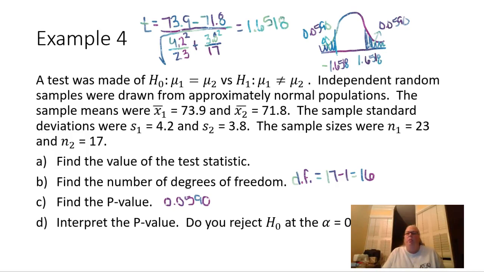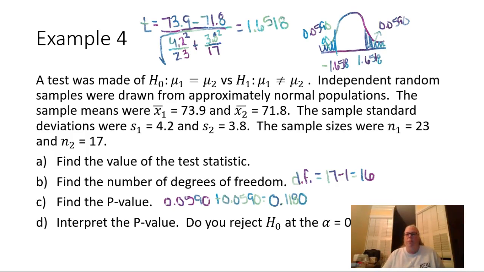And our p-value, remember, is supposed to be the sum of both of those. So we're actually going to have to add another one on here. And this is going to give me 0.1180. So our p-value is going to be 0.1180.